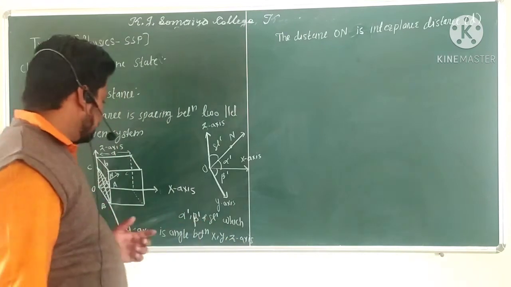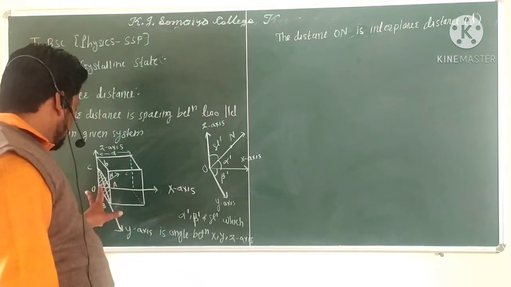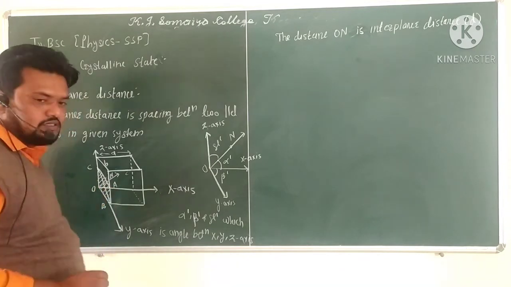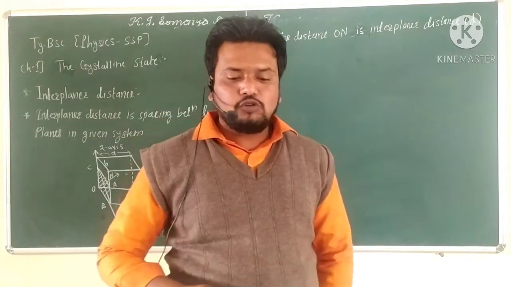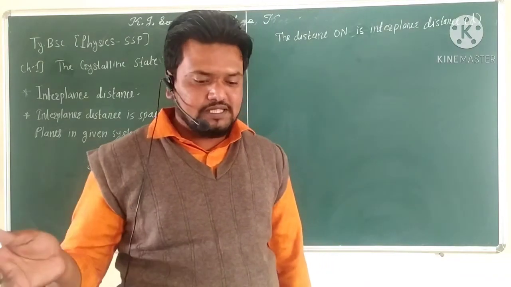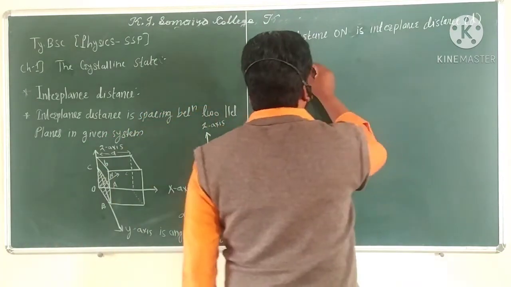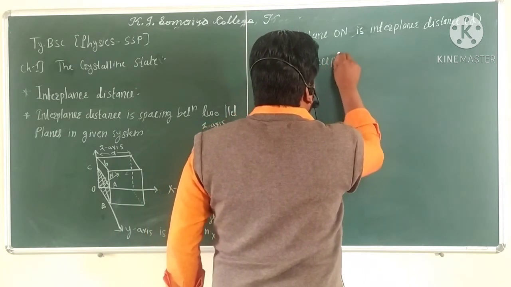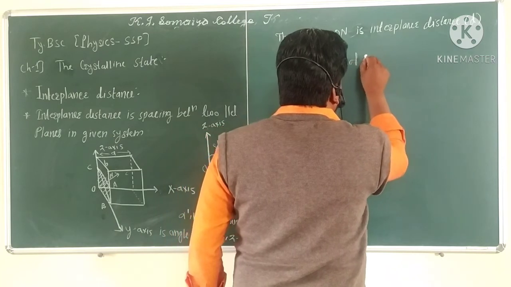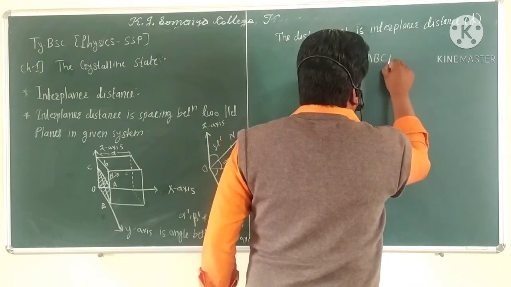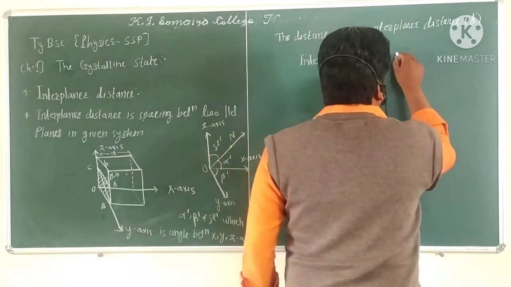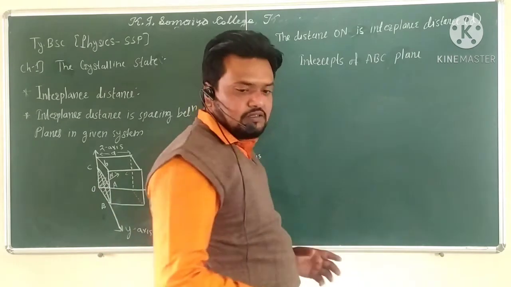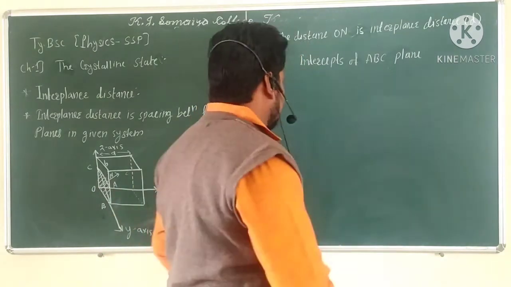Consider, for example, this OA. Consider the intercepts of the plane ABC. The intercept of this ABC plane on the x axis is OA.